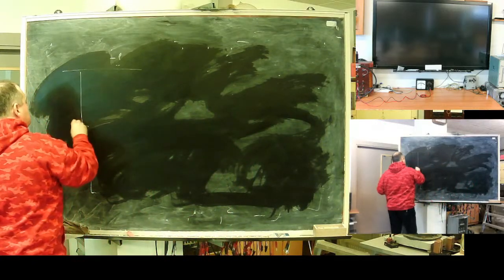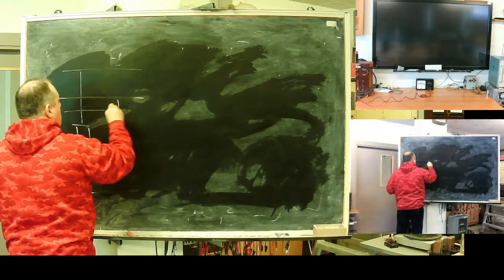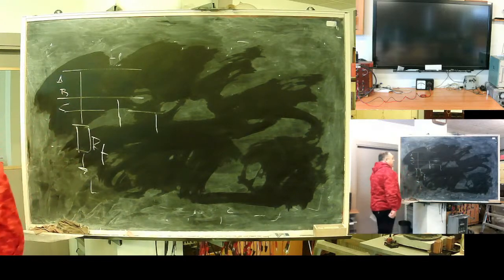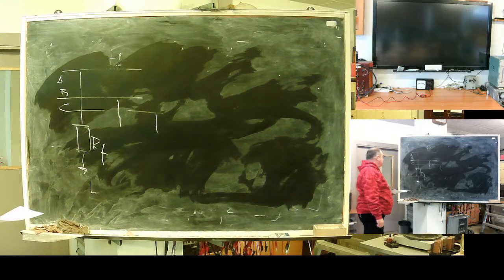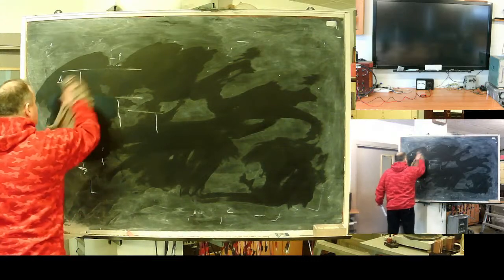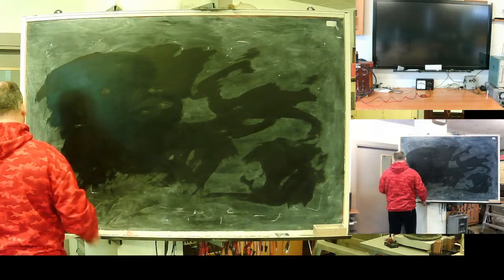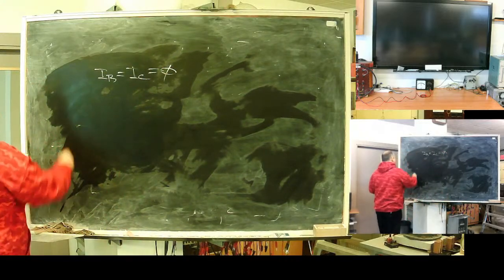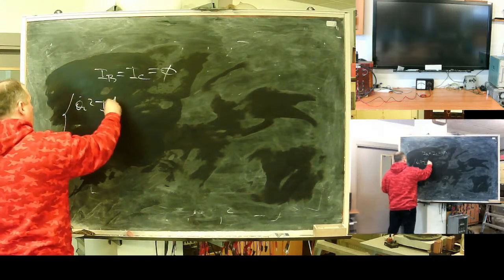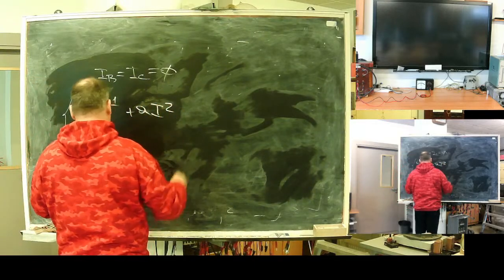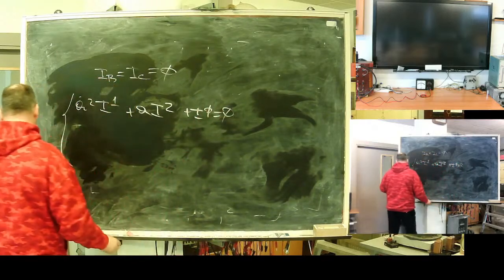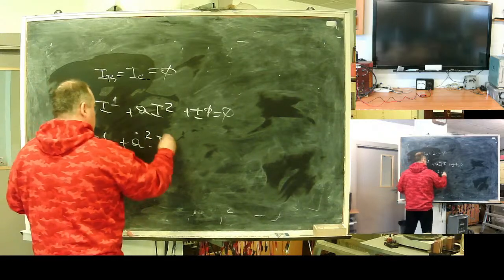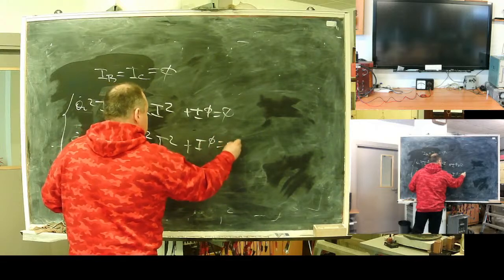Old timers used a schematic like this, with fault resistance in the A phase and infinite resistance in B and C. It's a simplification, but since the B phase and C phase currents are zero, it is very easy to obtain boundary conditions: A squared times I1 plus A times the negative sequence plus the zero sequence equals zero, and the direct sequence current plus A squared times the negative sequence current plus the zero current equals zero.